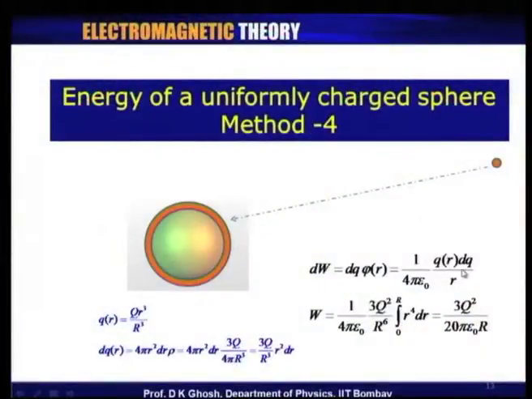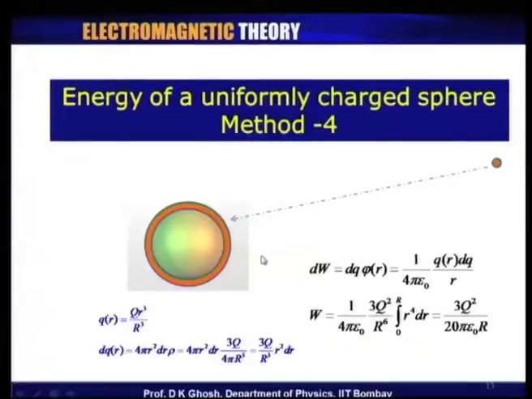I plug in q of r from here, and remember that the integration is over dq, so it is just an integration over dr, and this gives me again 3Q square by 20 pi epsilon 0 R. So, this is assembling the charge layer by layer.